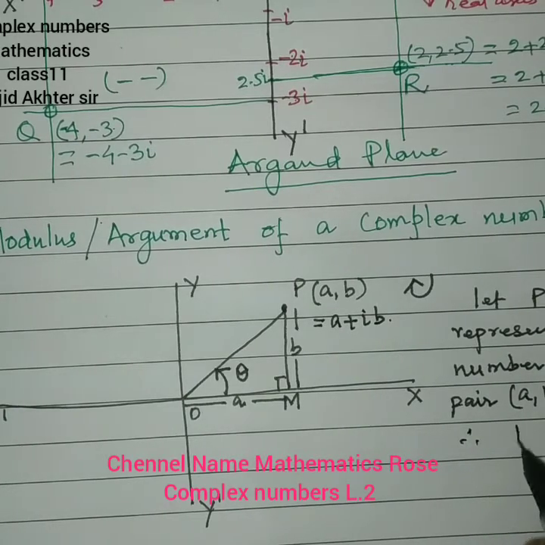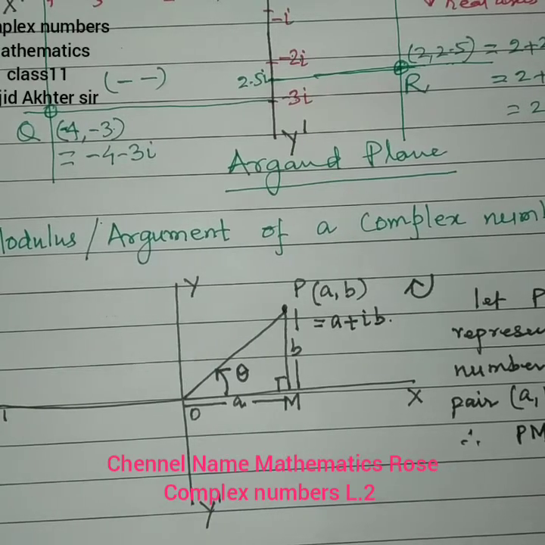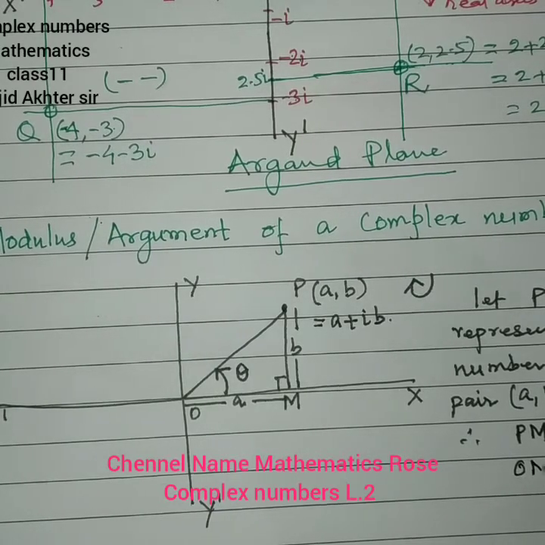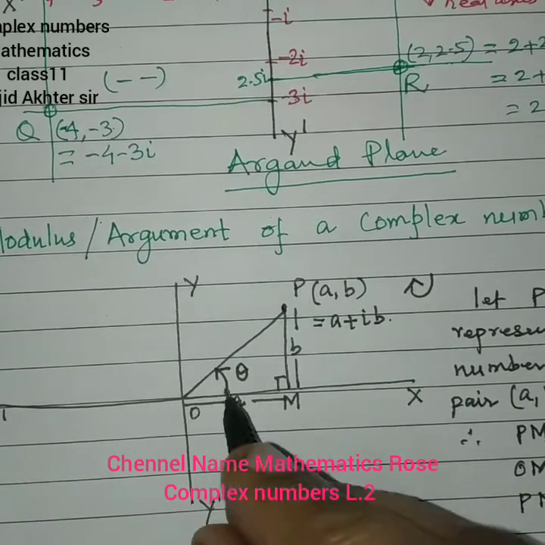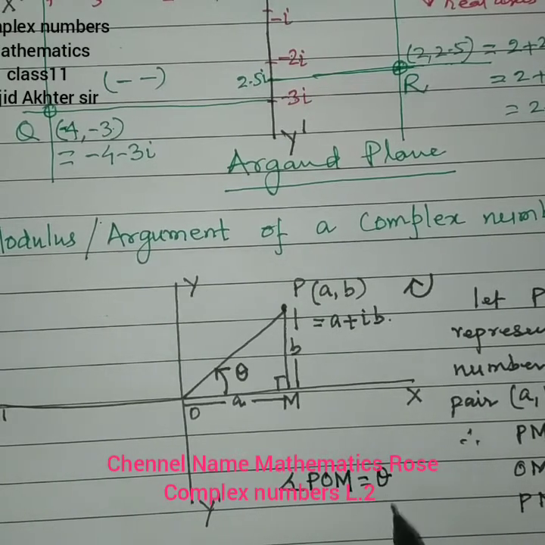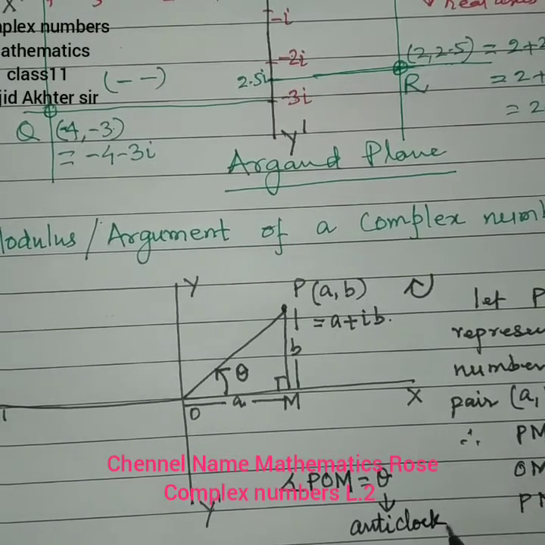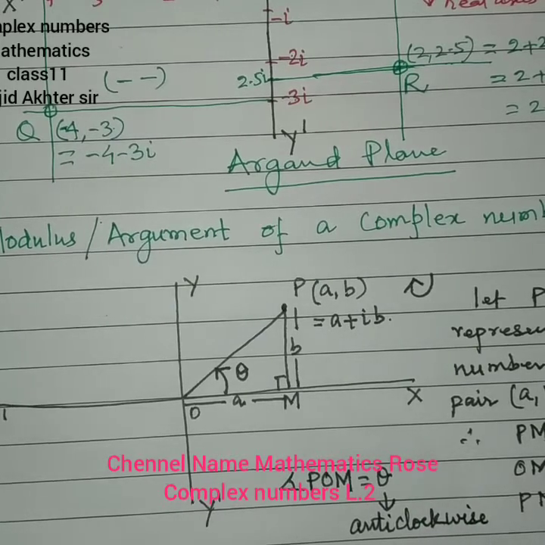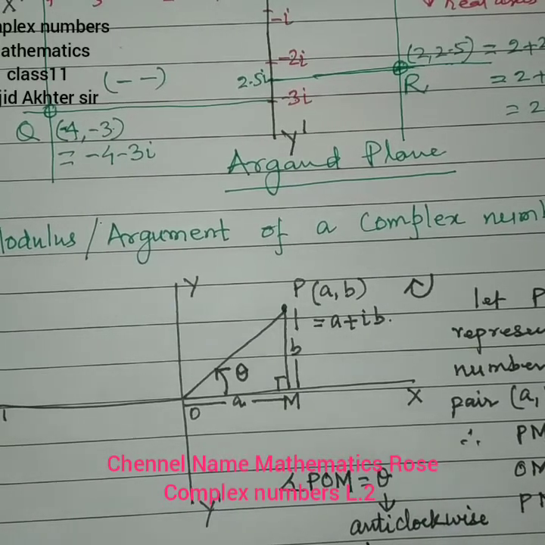Therefore, from P the perpendicular PM is perpendicular on the XO x dash axis and OM is equal to A and PM is along the y-axis, so it is B. Now theta is here, I have taken theta is equal to angle POM. It is taken as theta, which is the angle formed in the anti-clockwise direction.